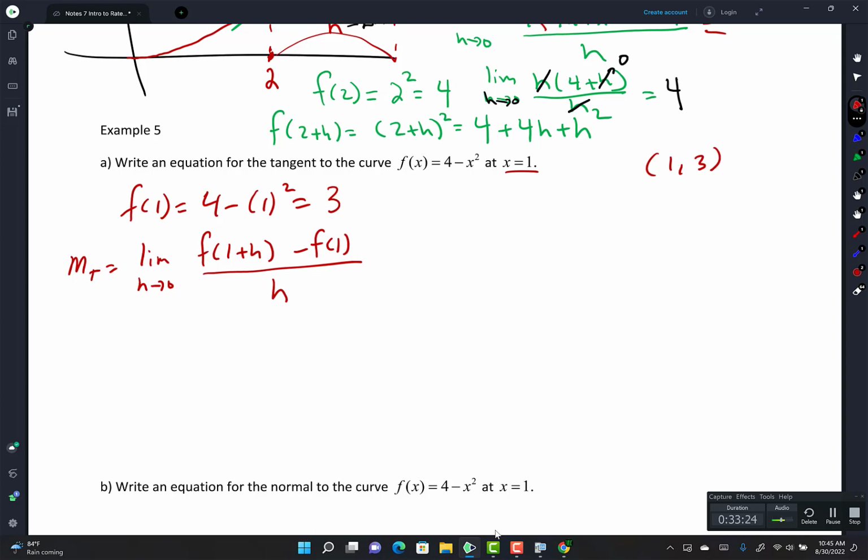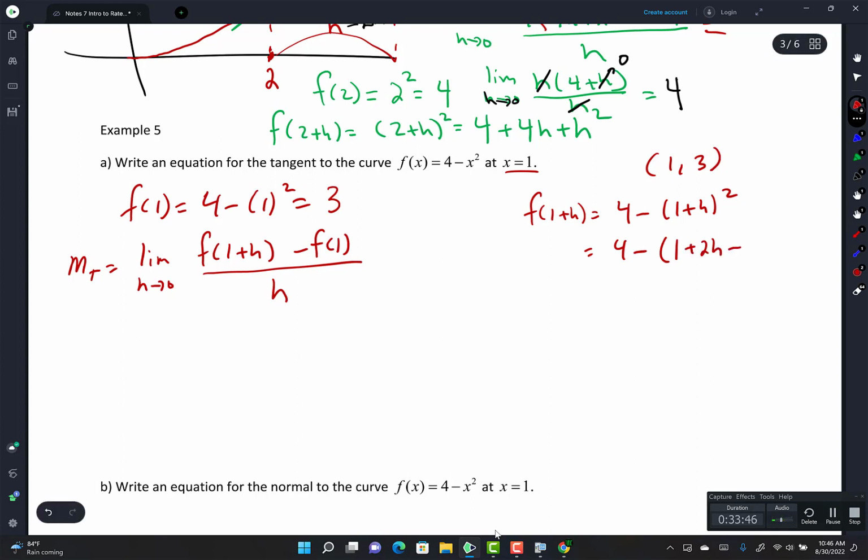On the side, I already have f of 1. On the side, you're going to go, what is f of 1 plus h? 4 minus, parenthesis, 1 plus h, close it, squared. 4 minus, expand it. 1 times 1 is 1. 1 times h is 1h. We're going to have how many of those?